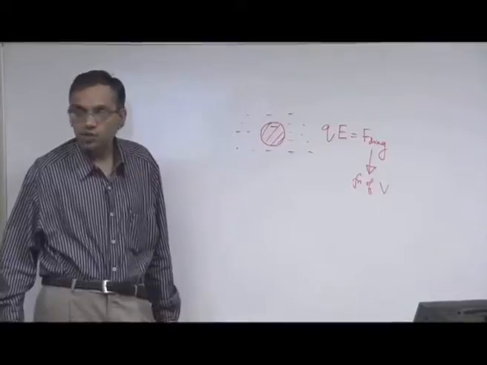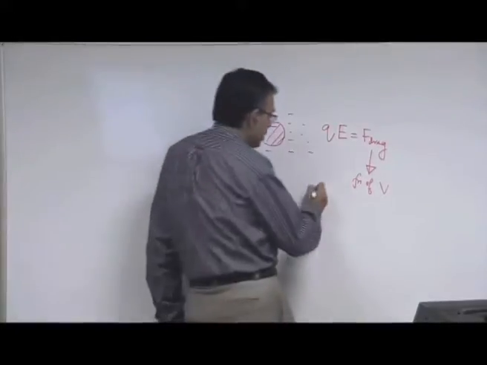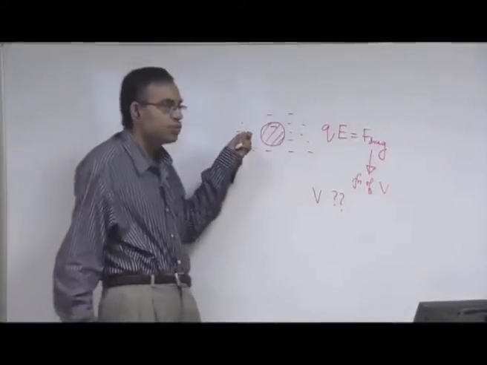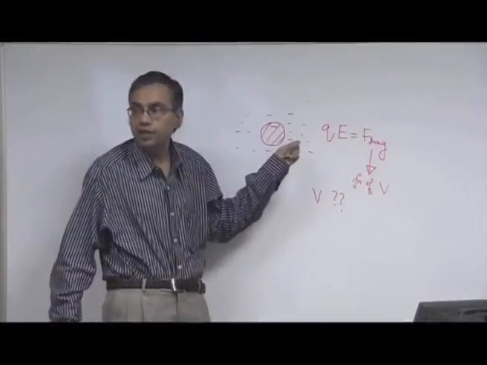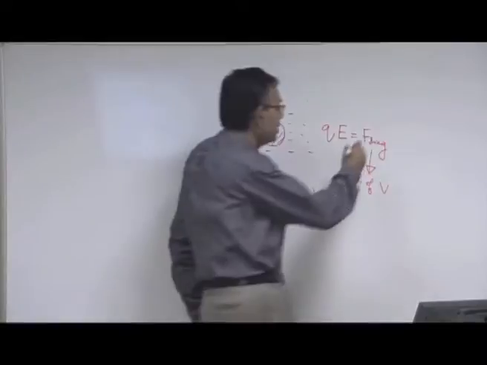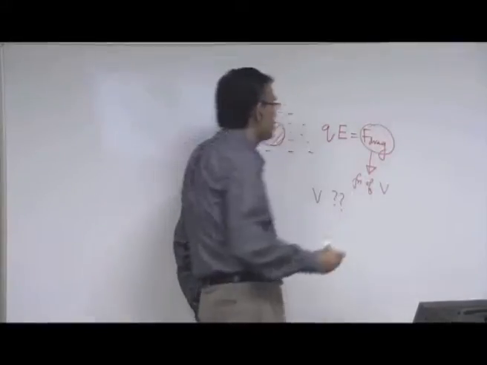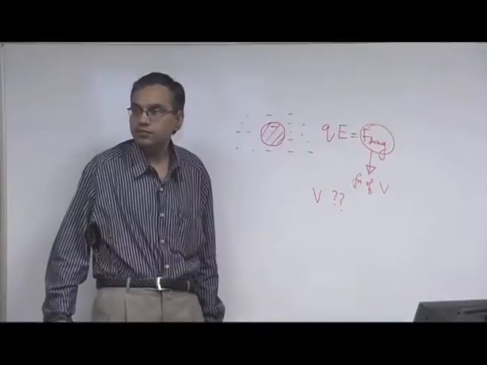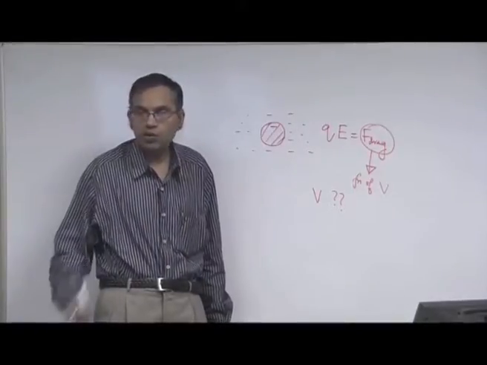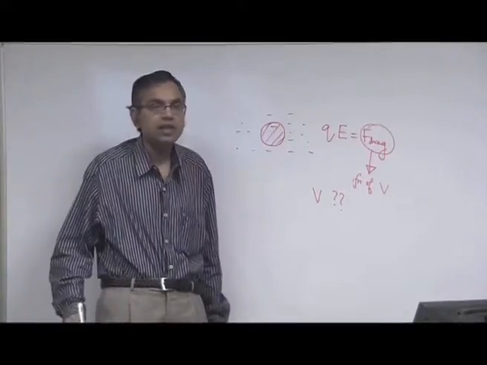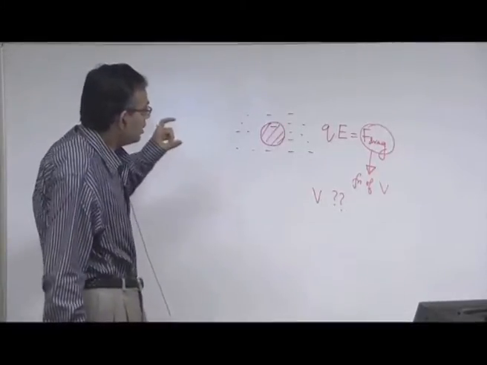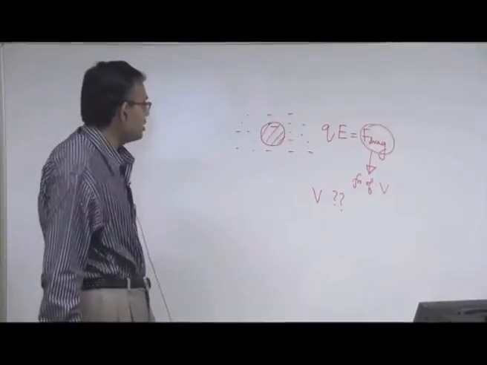So, the velocity at which this charged species will move relative to the fluid will be decided by the drag force on this particular charged species. And to know the drag force, we may consider several situations.